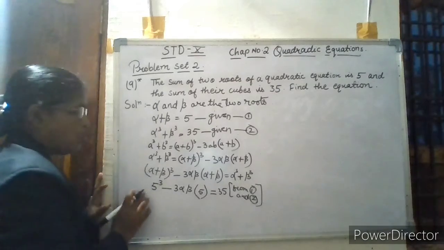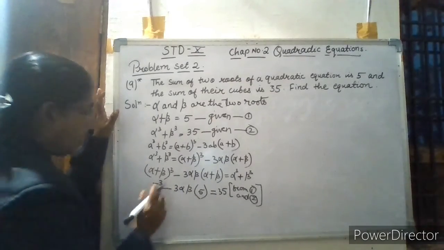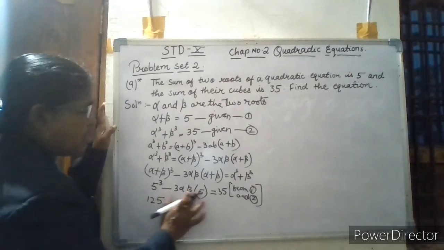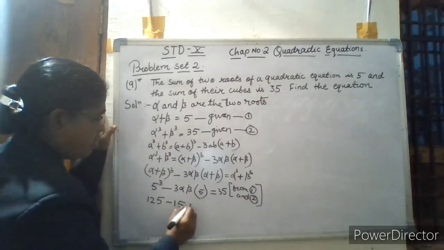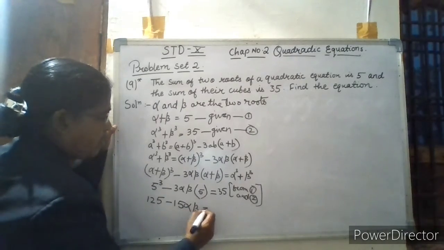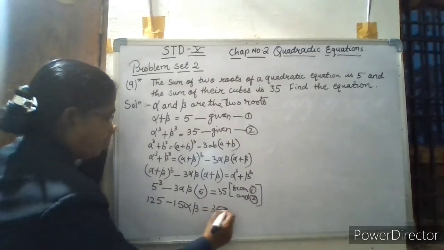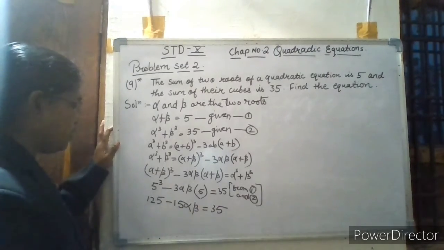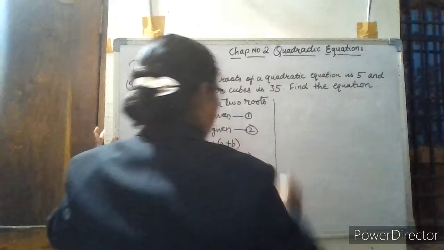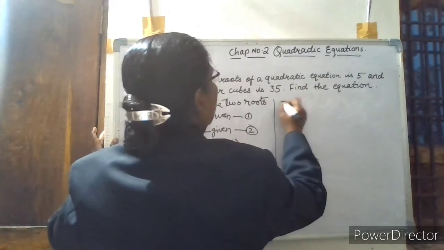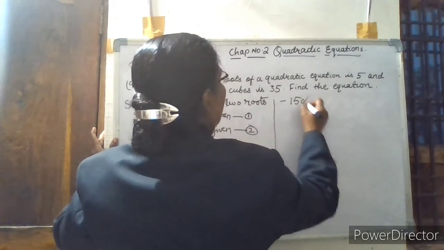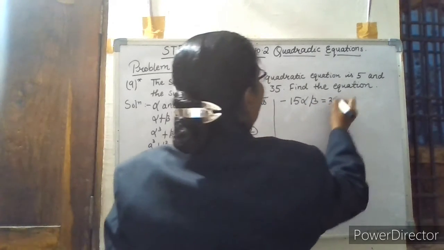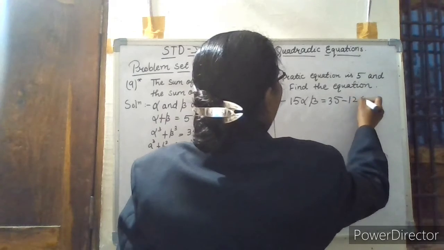Now solve this. 5 cube is 125 minus 3 fives is 15 alpha beta is equal to 35. Now I will transfer this 125 to that side. So minus 15 alpha beta is equal to 35 minus 125.